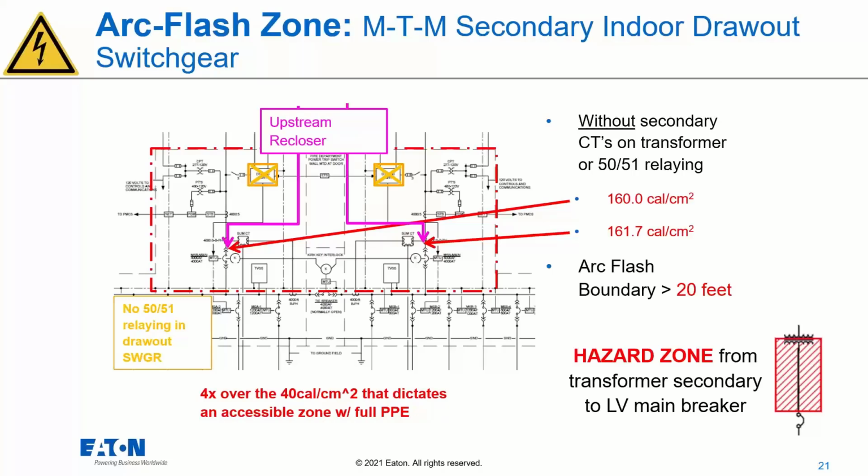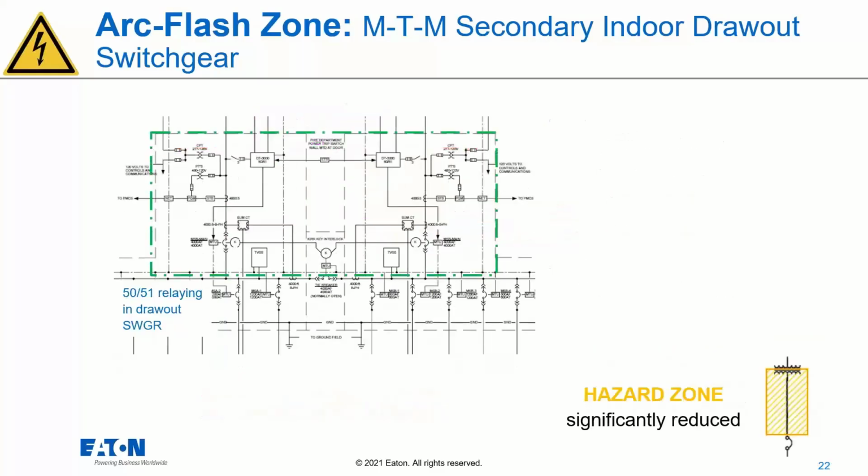So in this scenario, this is something that would need to be de-energized. And in the bottom right-hand corner there, that hazard zone we're talking about, that's from the low voltage bushings down to the low voltage main breaker, whether that's close coupled or further downstream. Obviously those distances can vary based on application.